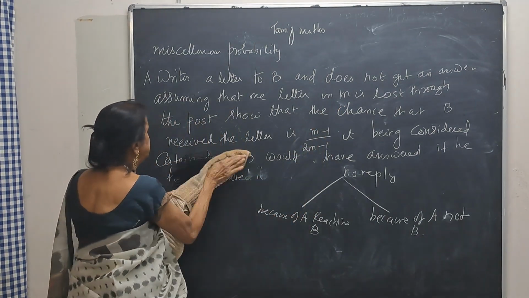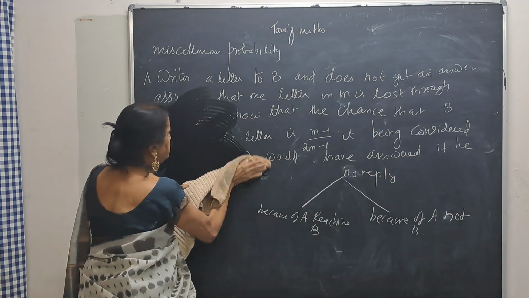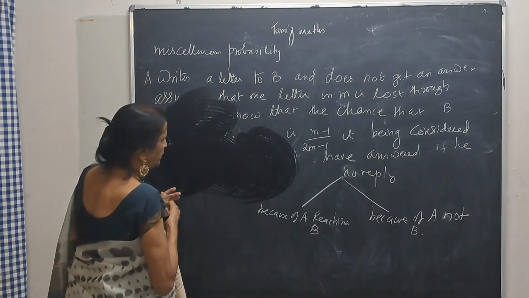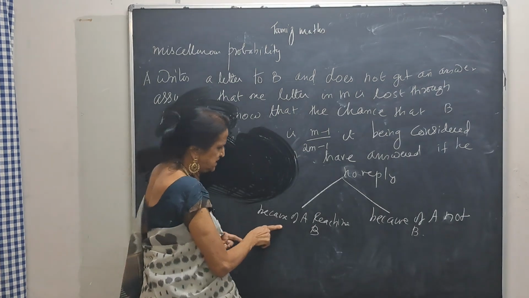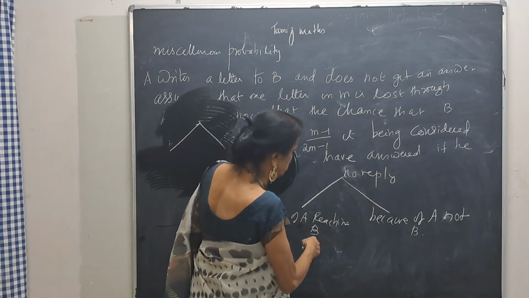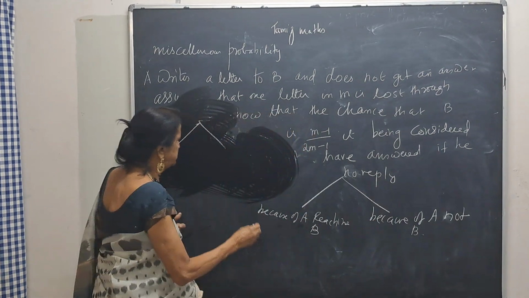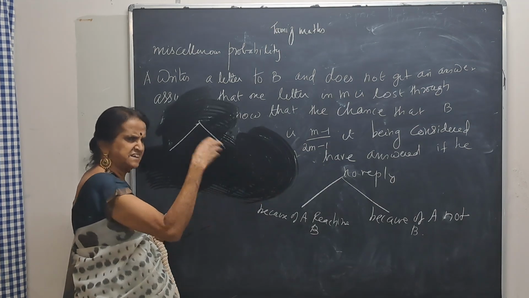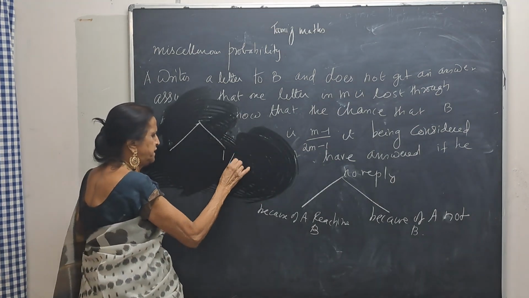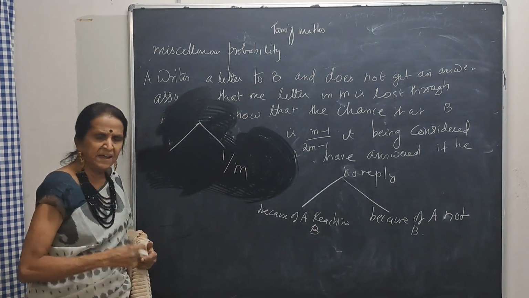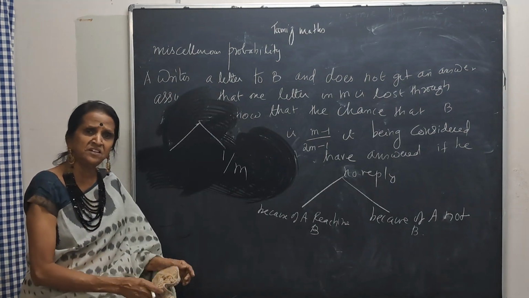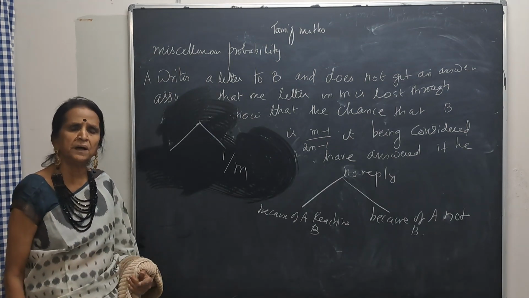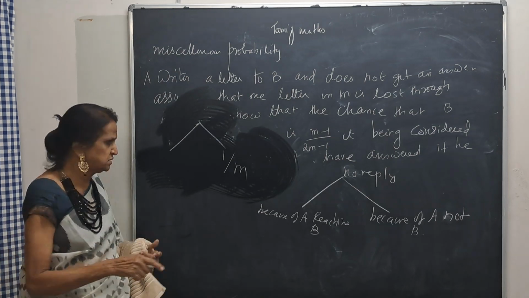So the probability that it will be lost, A's letter not reaching B, is 1 by m. When A's letter itself has not reached B, he won't even know that A has written a letter to him. Then how will he reply? He not writing back is certain, it's 1.